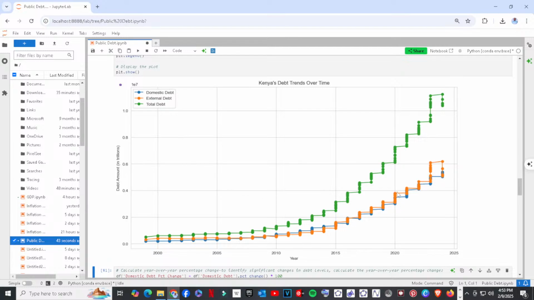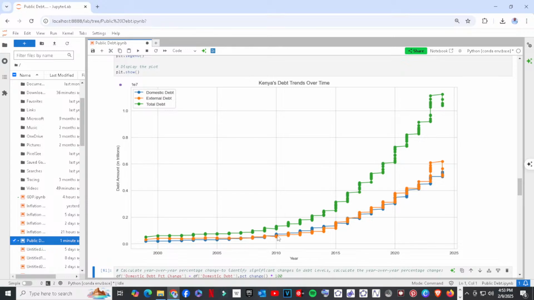So that's what we have, and we can see that borrowing from say 1999 was following this pattern, where it was just about 0.1 trillion. Then it picked up from around 2010.